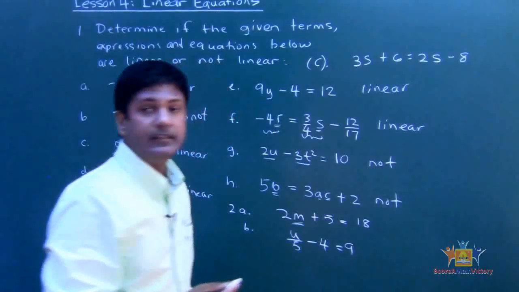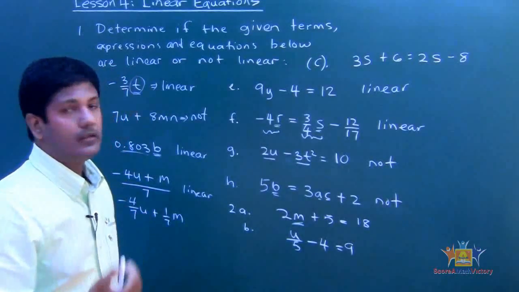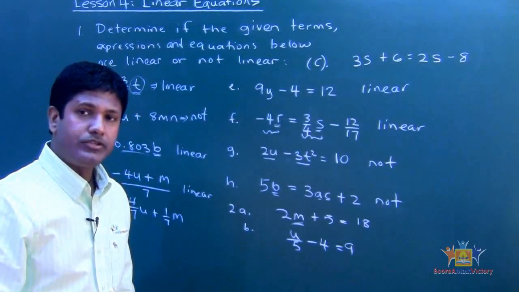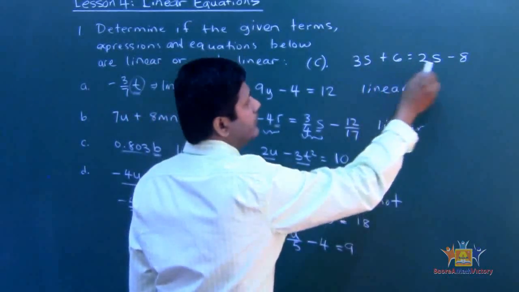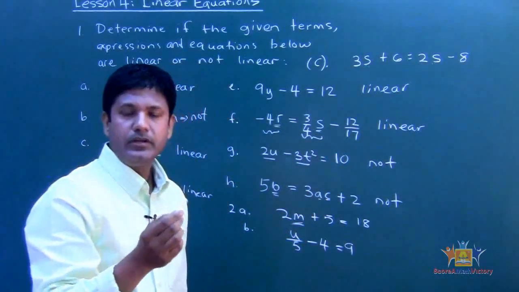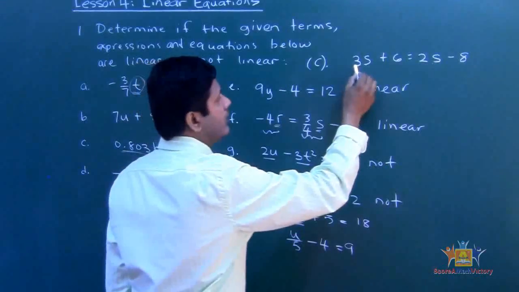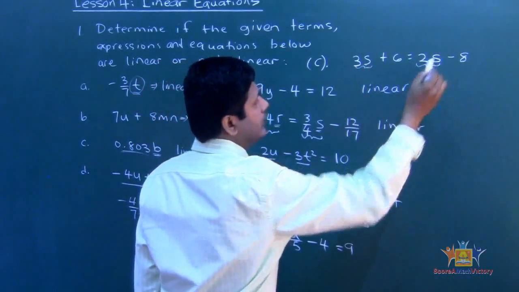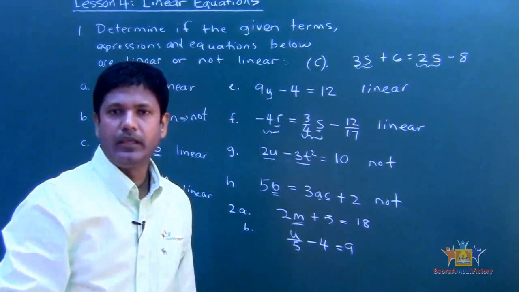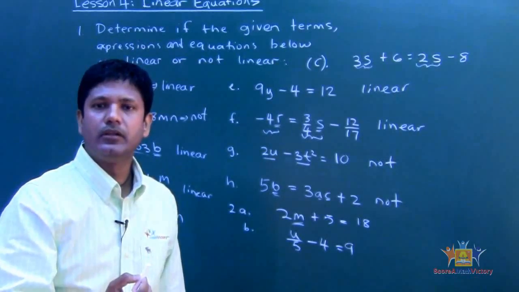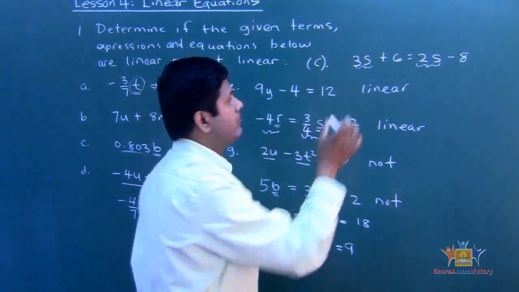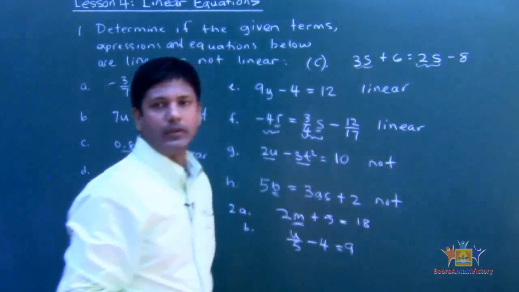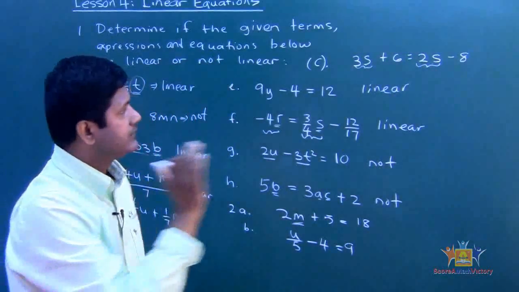Now, is this a linear equation? Yes, it is a linear equation. Even though they are the same unknown, it doesn't matter, because they are in different terms. See that? That's a different term. So you can have the same unknown, as long as they're not together in one term but in different terms. That's the key thing. So this is a linear equation as well.